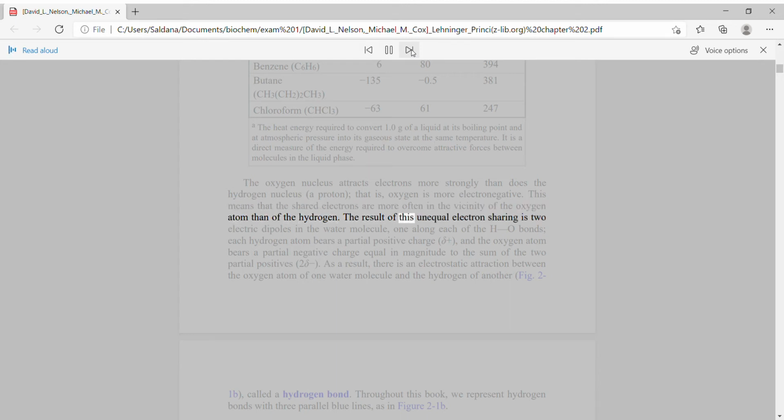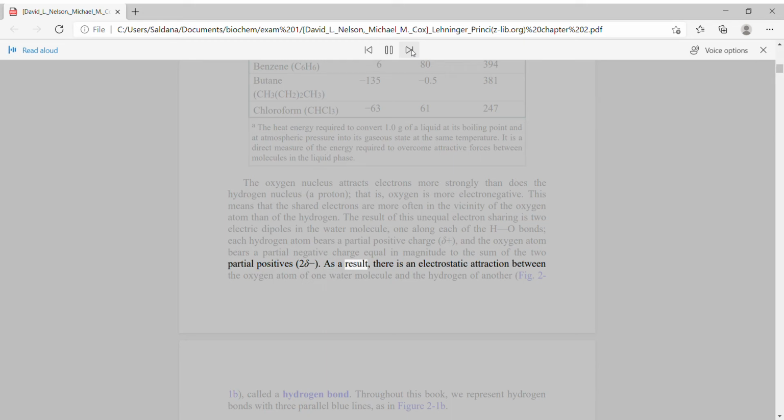The result of this unequal electron sharing is two electric dipoles in the water molecule, one along each of the H-O bonds. Each hydrogen atom bears a partial positive charge, δ+, and the oxygen atom bears a partial negative charge equal in magnitude to the sum of the two partial positives, 2δ−.